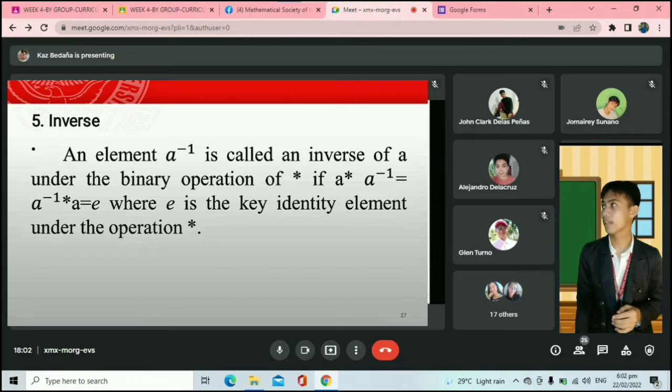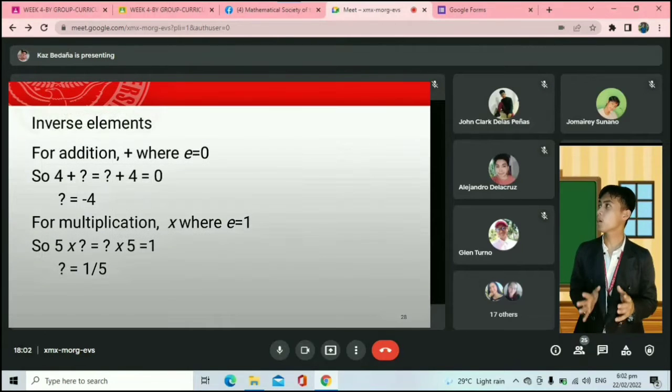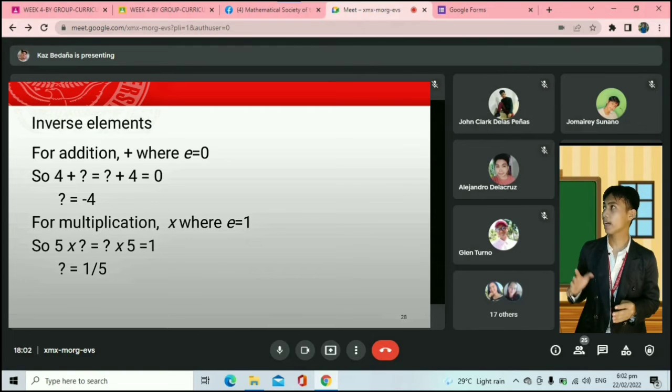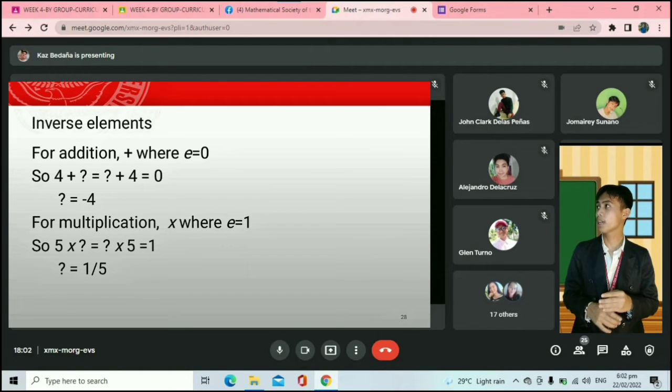Now, we have the example. For inverse elements, the identity element for addition is 0 and for multiplication is 1. I have already mentioned it earlier.